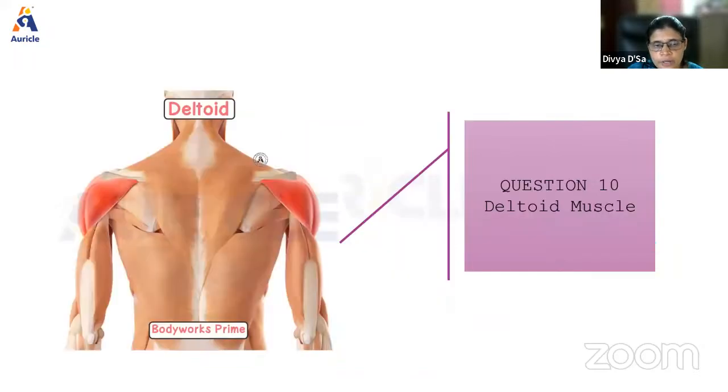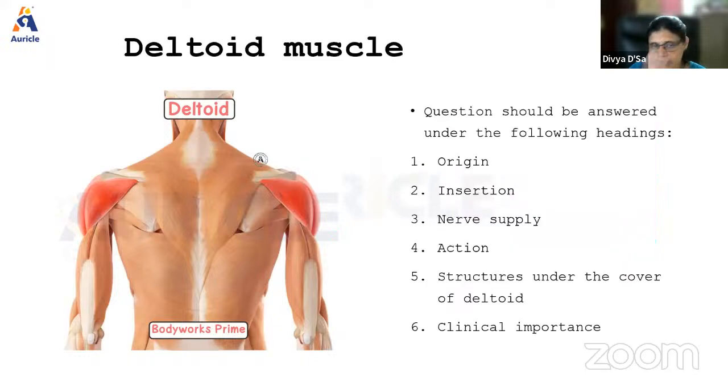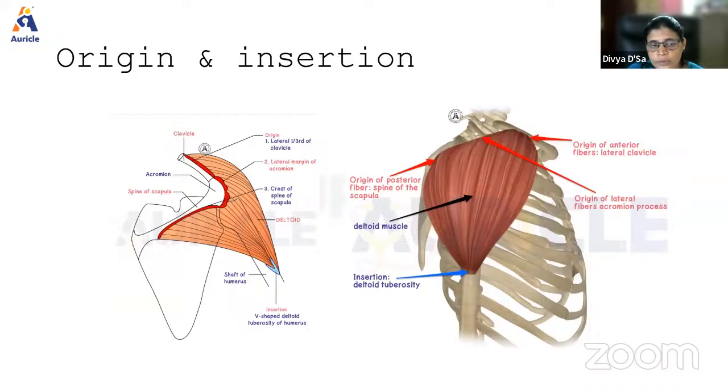We're coming to the deltoid muscle. So deltoid muscle here, you see the origin, insertion, nerve supply, action, structures under its cover, and the clinical importance. Okay. So deltoid muscle has a wide origin.